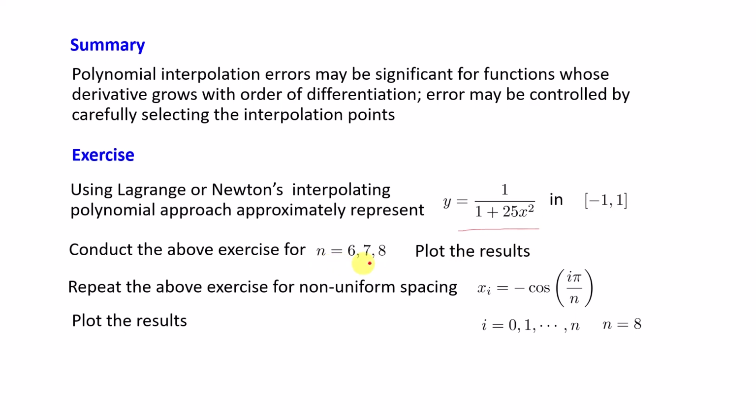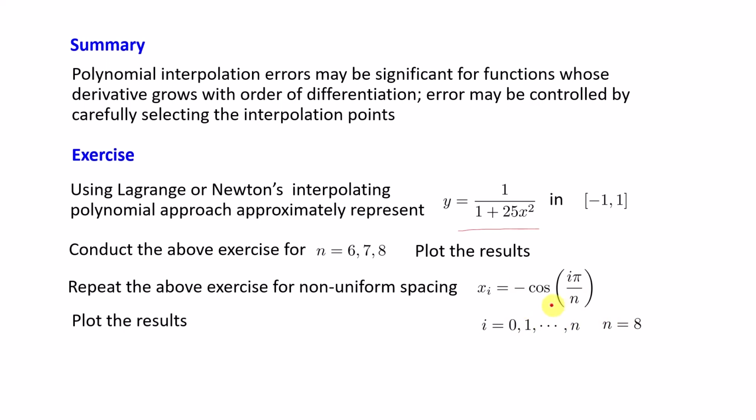And you try with n equals 6, n equals 7, n equals 8, that means 6th degree, 7th degree, 8th degree polynomial. Then you repeat this exercise with non-uniform spacing, that is xi equals minus cos(i pi / n), where i is 0 to n and n equals 8.